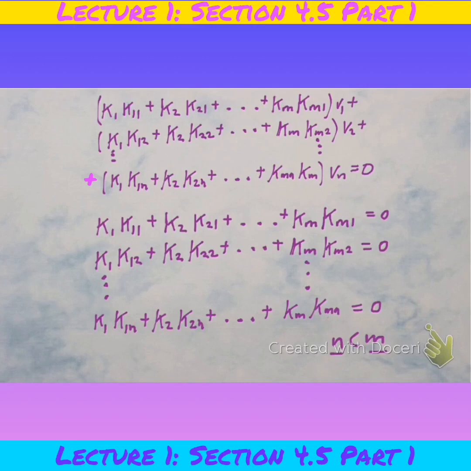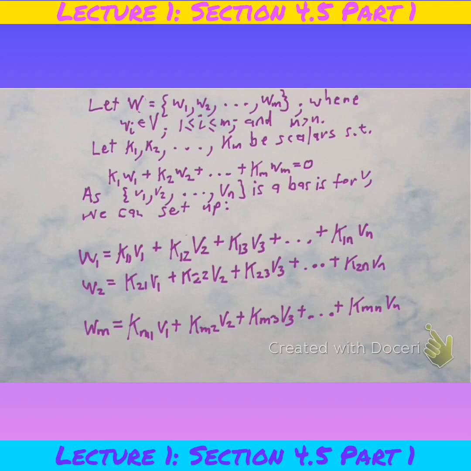And what do we know about such a homogeneous linear system? It must have infinitely many solutions. So it's at least got more than one solution. Remember, these k's are my unknowns. If I've got more than one solution for these k's, if we go back to this equation here, what needs to happen for the set W to be linearly independent?